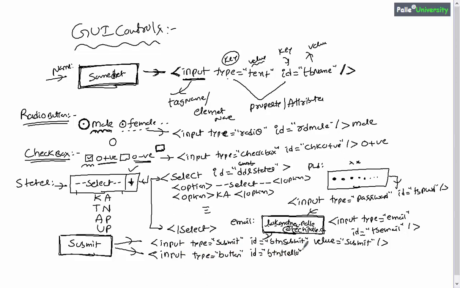Let us say I'll go for hello, and value equals, let me write hello. So whenever the browser observes code like this, it will create a button control with the value hello. Now you may get a doubt here. The doubt is, what is the difference between this tag and this tag? I'll explain the difference later, but anyhow both are capable of creating the button controls, okay?